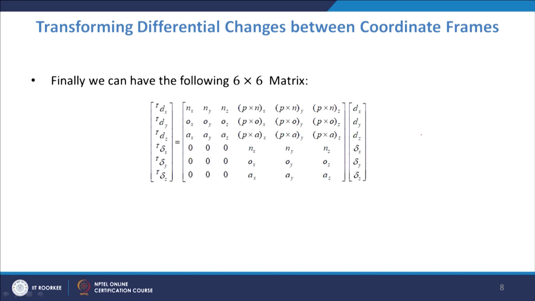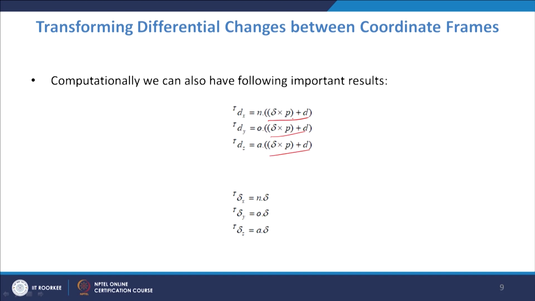We can get the result like this. Del cross p plus d is a vector which we can calculate, and then if you take the dot product with n, that is the linear velocity along the x direction, dot product with O will give the linear velocity along the y direction of the current frame, etc.